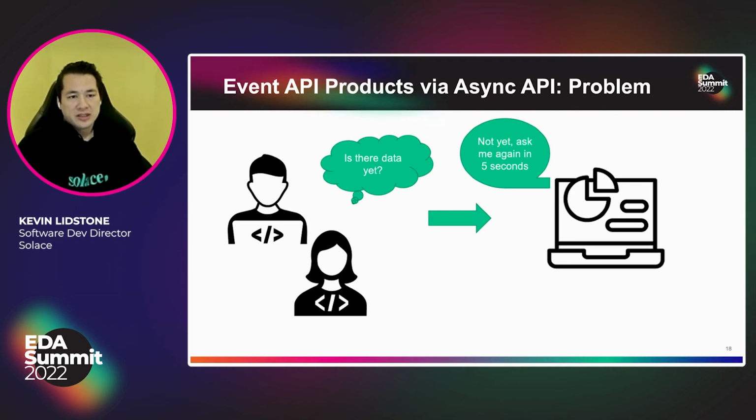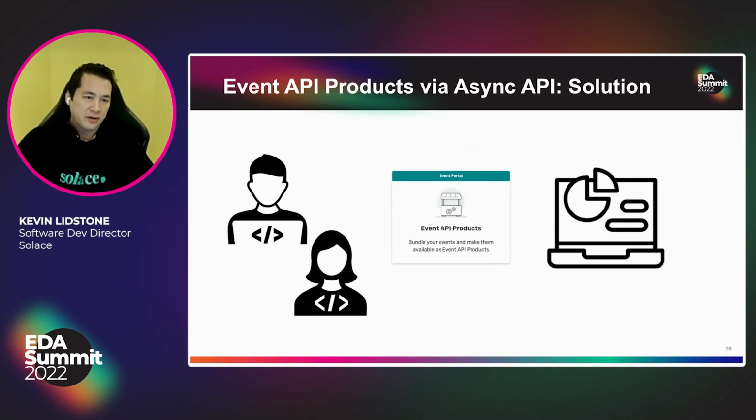If we go to the next slide, we can see the introduction of Event API products, which is something we're building in the event portal. We want to drink our own champagne, so to speak, and provide Event API products to our customers.